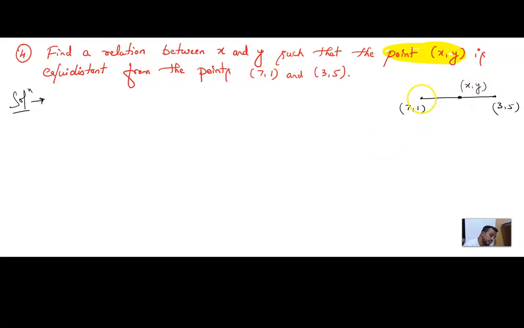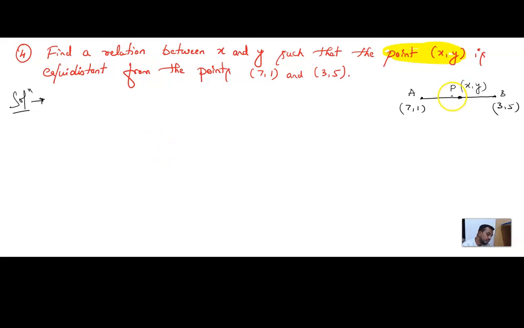Understood? Let me call 7 comma 1 point A, 3 comma 5 point B, and x comma y point P. Let P be the point with coordinates x comma y. So from P, if you measure to A, the same distance is there from P to B, that is called equidistant.